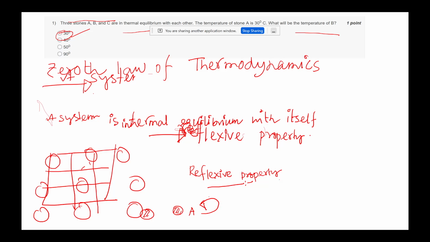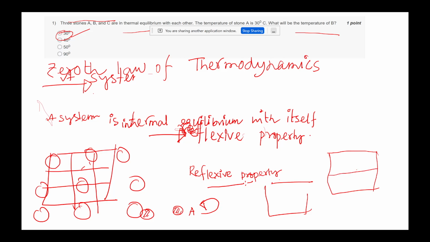So here we will talk about volumes. Here we will talk about surface area. Here we will talk about, let's say, a 1D system, from length. This is a cube. Let's say this is a surface, okay?